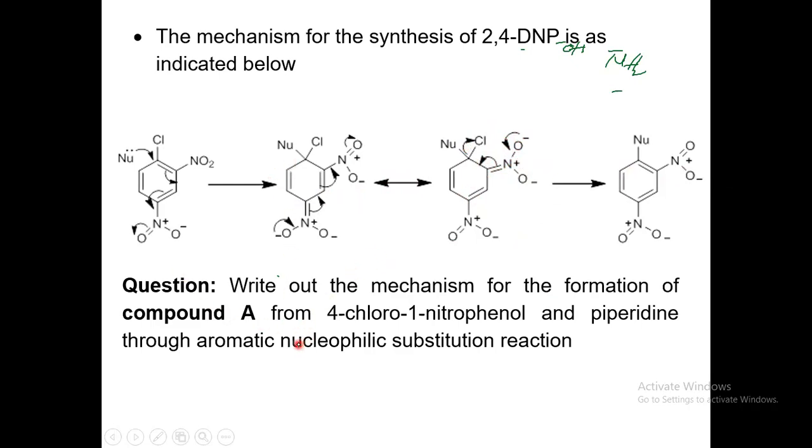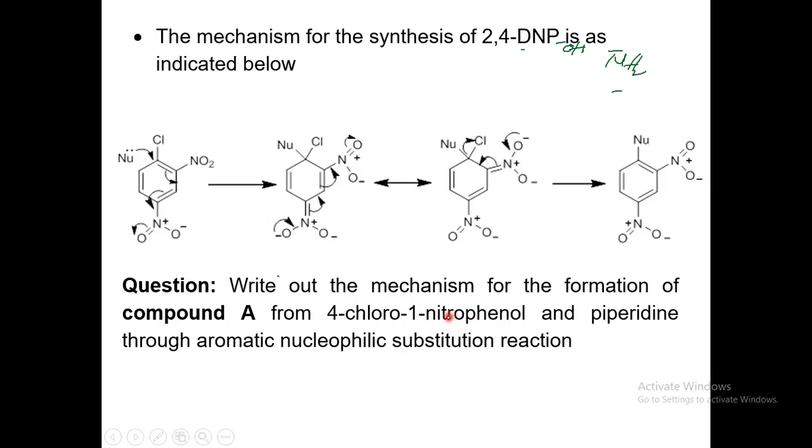Very simple. There's a question here for us to try our hands on. The question is saying that we should write out the mechanism for the formation of compound A from 4-chloro-1-nitrophenol. This compound, the name is quite questionable. I'm sure Prof would say it in class. If it's 1-nitro, we can't have phenol because if you make a phenol, it means the OH is the first substituent you are numbering, right?